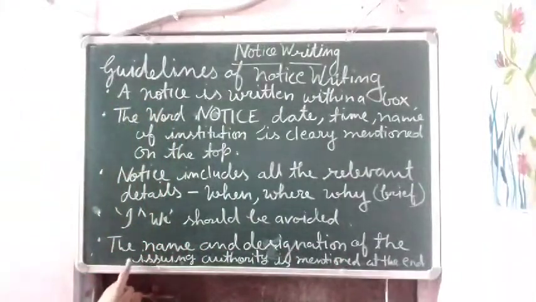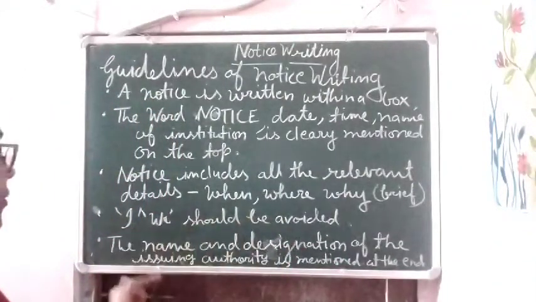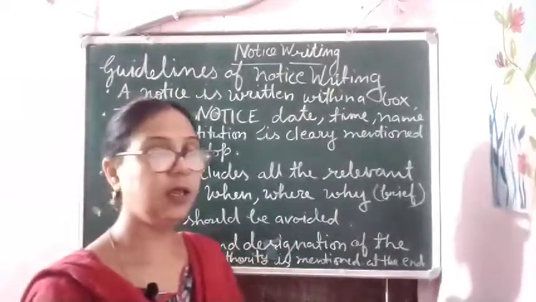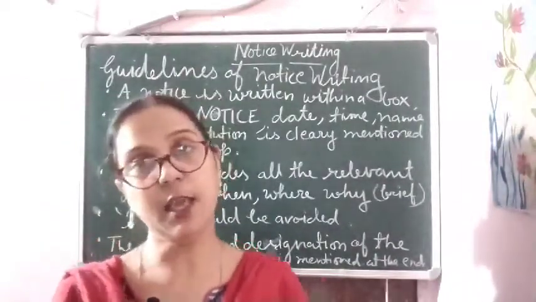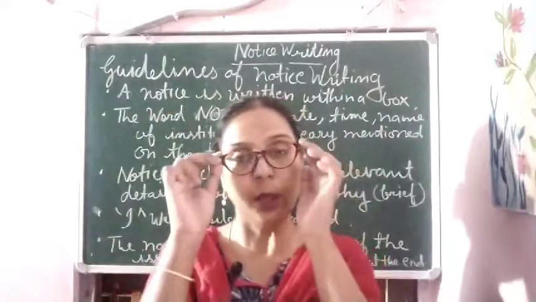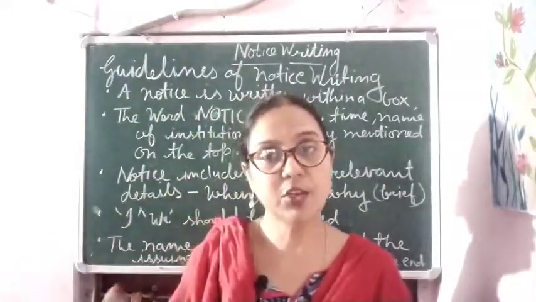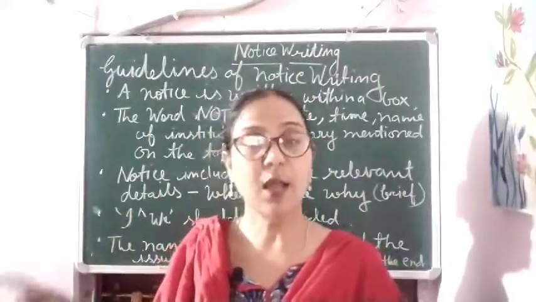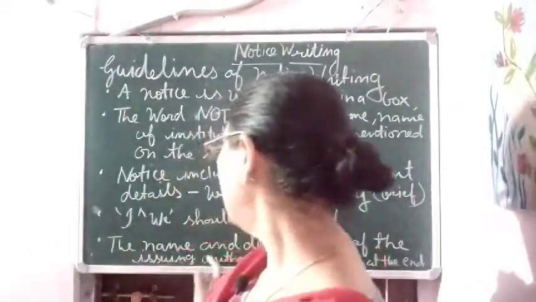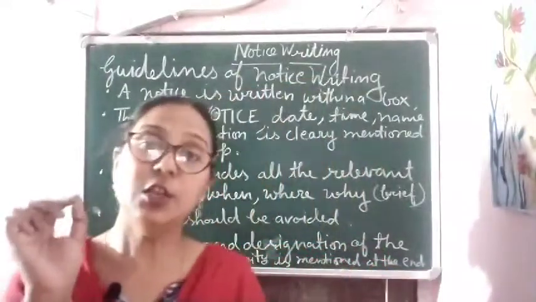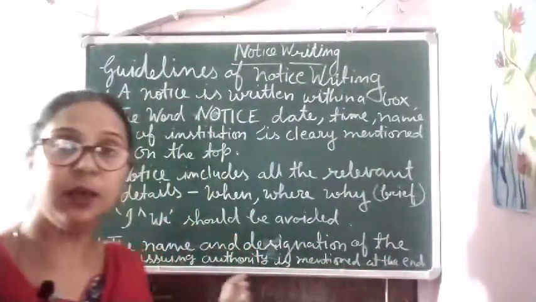Next, the name and designation of the issuing authority is mentioned at the end of the notice. Whenever you conclude the notice, you have to mention the designation and who is issuing this notice.